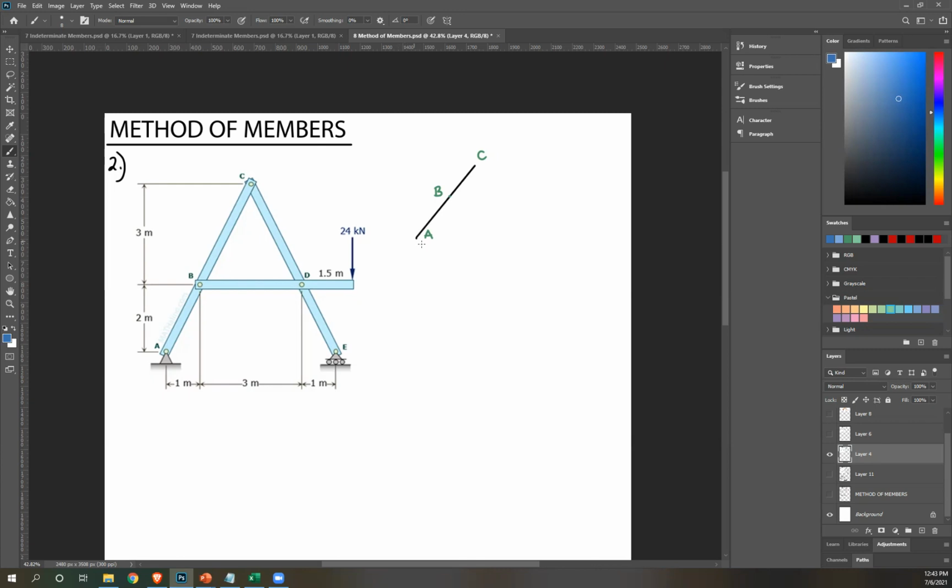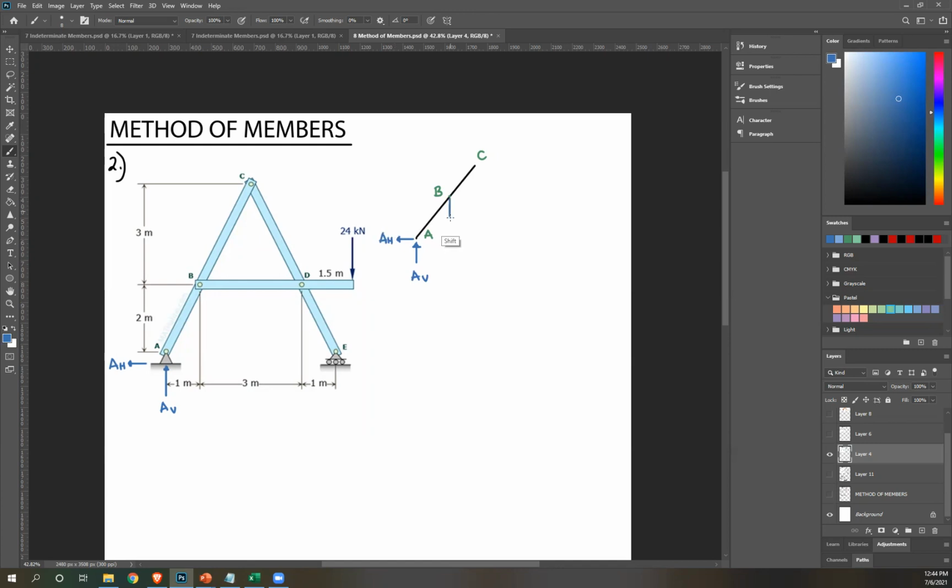I'm going to guess this is upward. It's the same thing here, this is also upward. So that's AV. And assume direction for horizontal. I'm going to assume it's to the left, and this is your AH. So AH, AV. Do the same thing for the other forces.